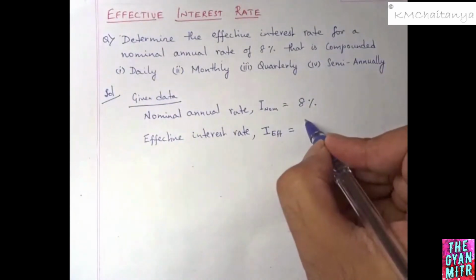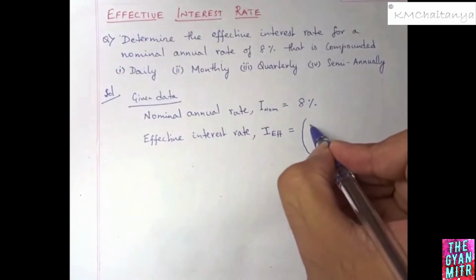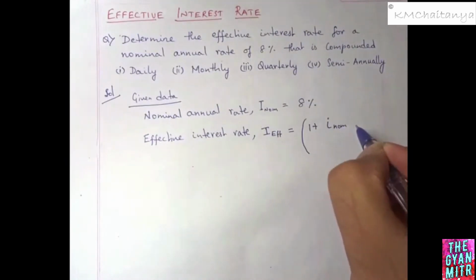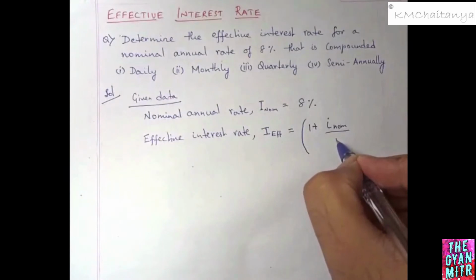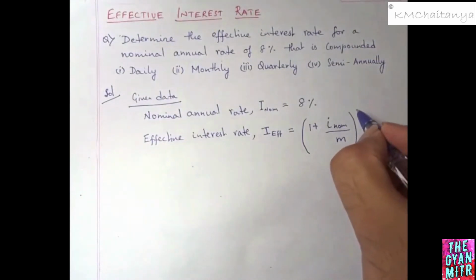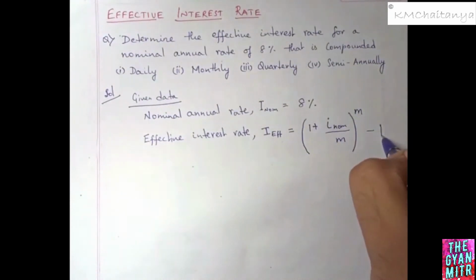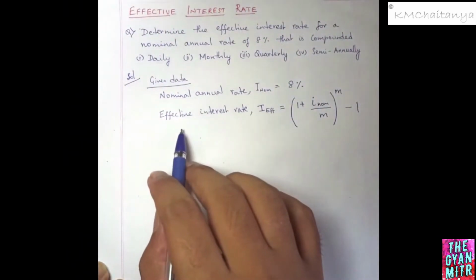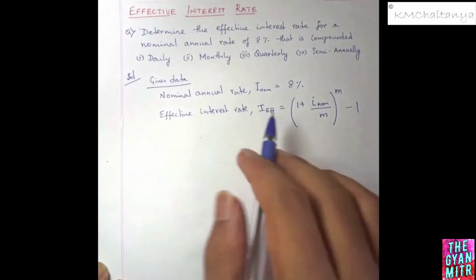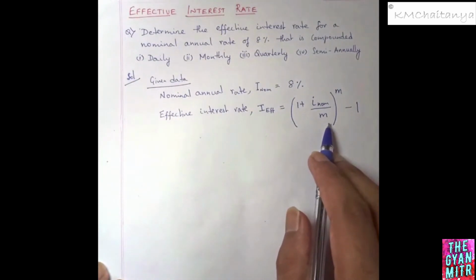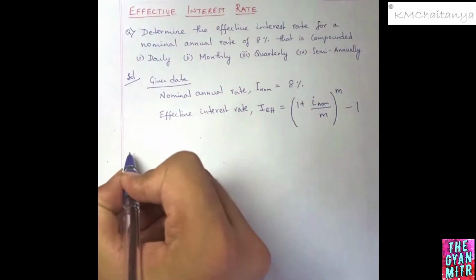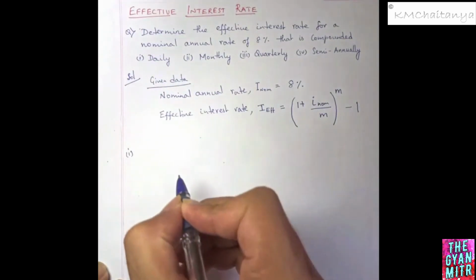The equation for this is 1 plus I_NOM divided by m, whole to the power of m, minus 1. So this is the equation to determine the effective interest rate. Here the value of m is the number of interest periods within a year. For the first question, we'll consider what this value of m is.